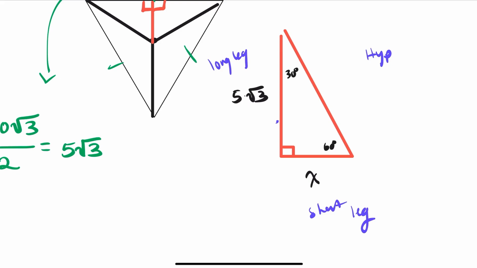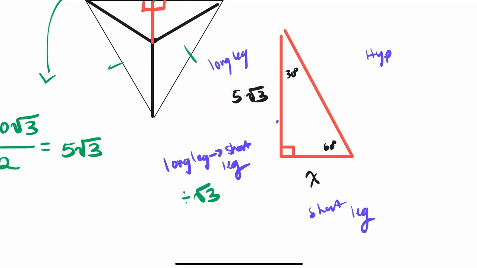And I always recommend taking whatever given information and finding the short leg first. So going from the long leg to the short leg, you just divide by root 3.